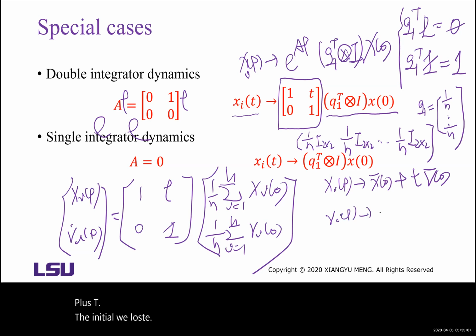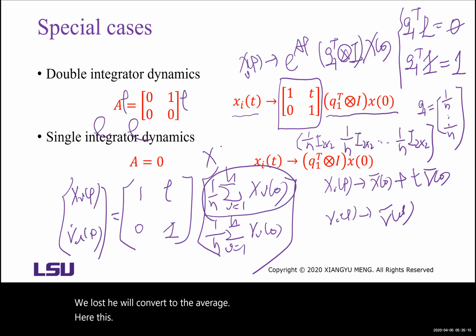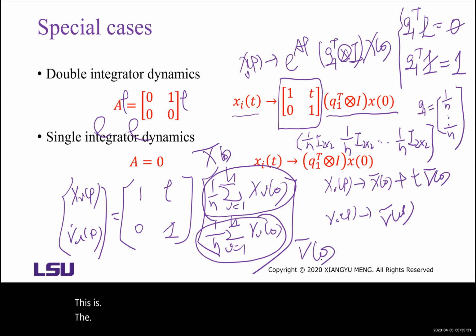Velocity will converge to the average. Here, this is x0 bar. This is v0 bar. So we see the result is the same as what we discussed for double integrator dynamics.